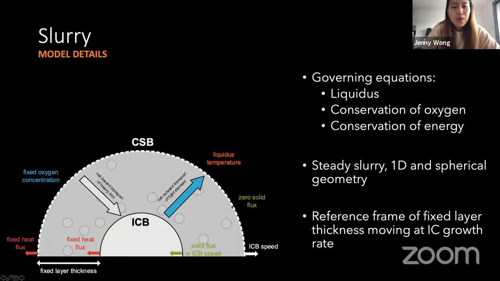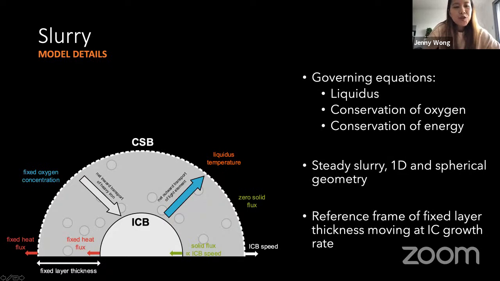I also say that the flux of solid vanishes at the top of the layer. And in order to do this, I invoke a mixing sublayer at the top of the layer, which is caused by the difference in velocities between a steady slurry and a vigorously convecting outer core. Also, the solid flux at the base of the layer has to be proportional to the speed of inner core growth. So that's how that is fixed.